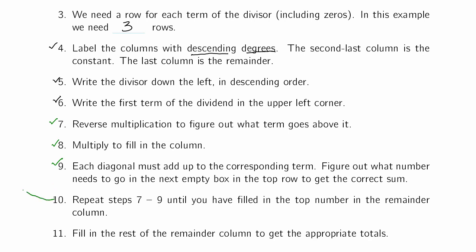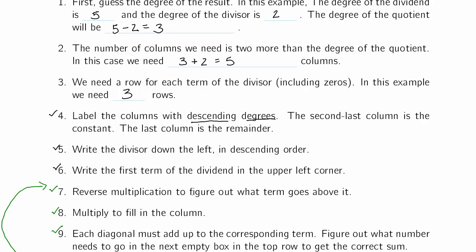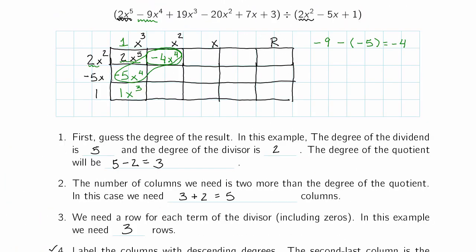And now I go back and I repeat the process until I filled in the top number in the remainder column. So until every column has a top number. So reverse multiplication. What do I need to multiply by 2x squared to get negative 4x to the 4th?